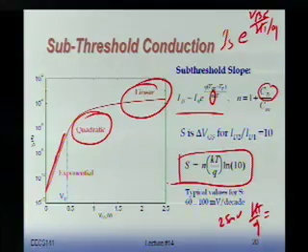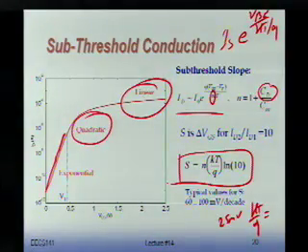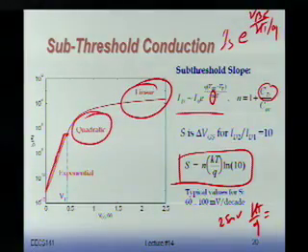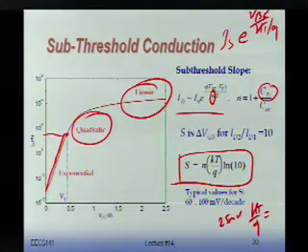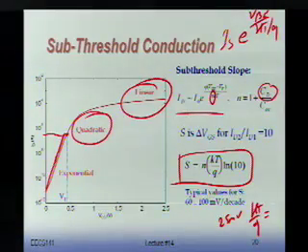Okay. Now, S is a very interesting thing to remember. Suppose I'm here. I turn my transistor off, and I get a certain current. What S basically expresses, suppose now that I want to reduce my current by a factor of 10, right? 1 decade.